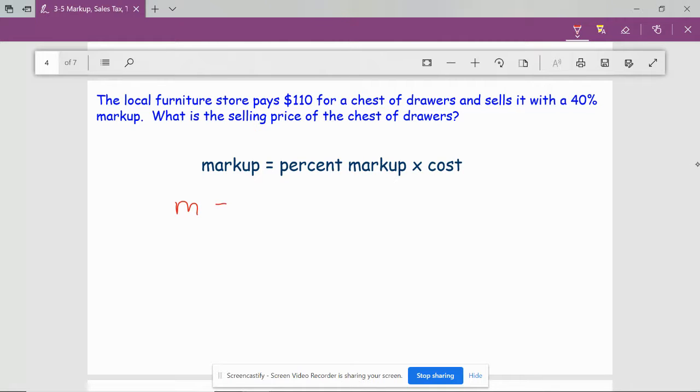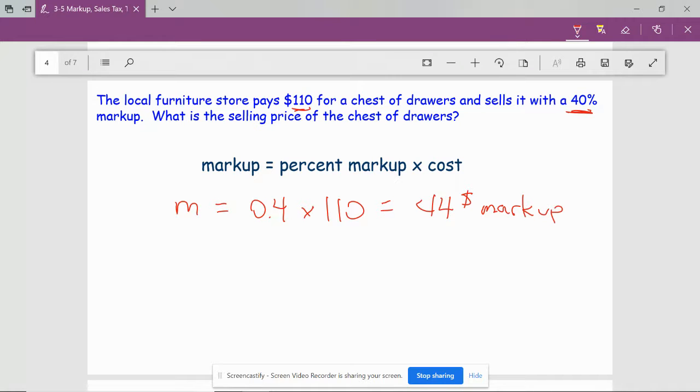We're going to find that by multiplying our percent as a decimal, so we move the decimal place to the left two places, and multiply that by what we pay. We're going to get $44 as our markup.